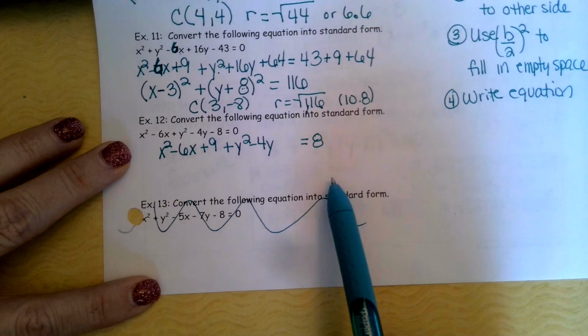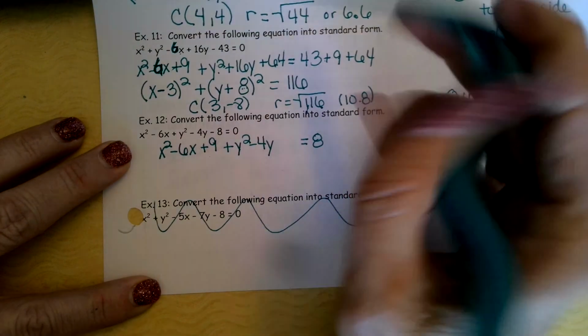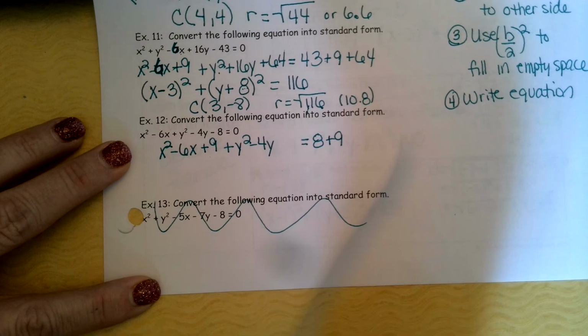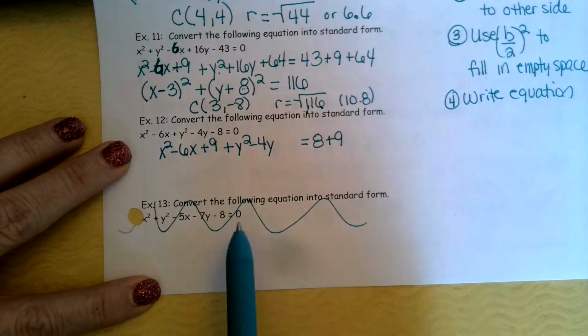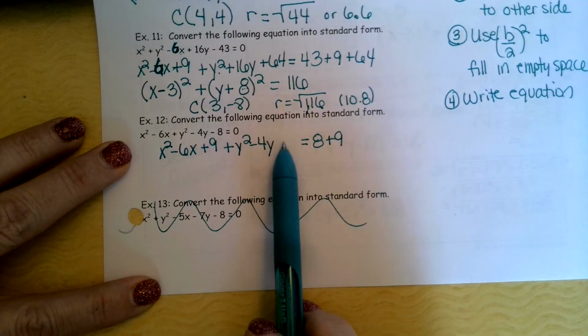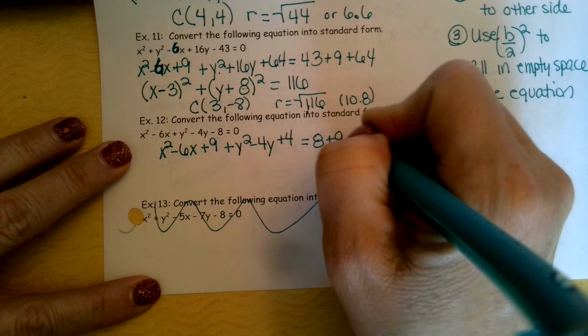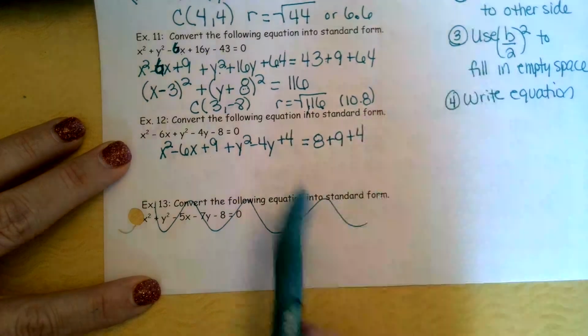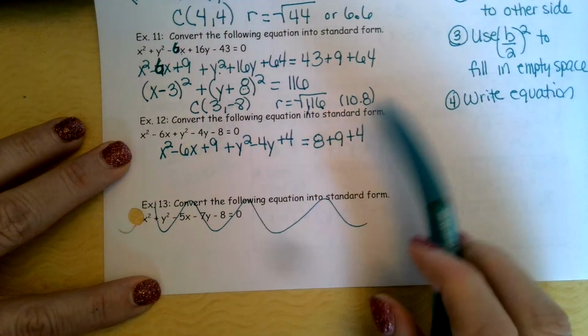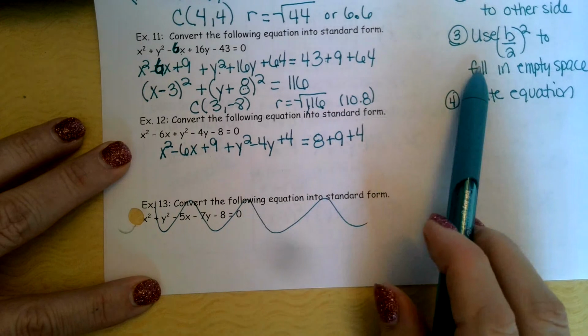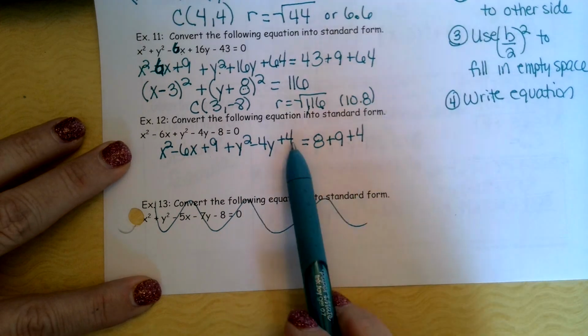Don't forget over here. My next question to you is, what number goes here? +4. The way we get that, it's 4 divided by 2, which is 2, and then 2 squared gives us 4. So you should have got that right.